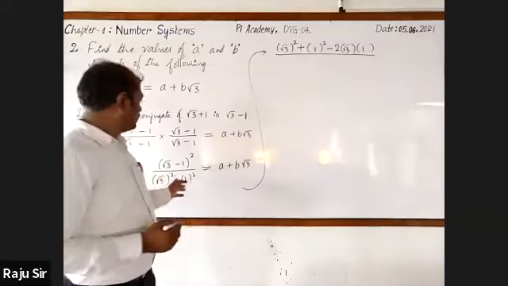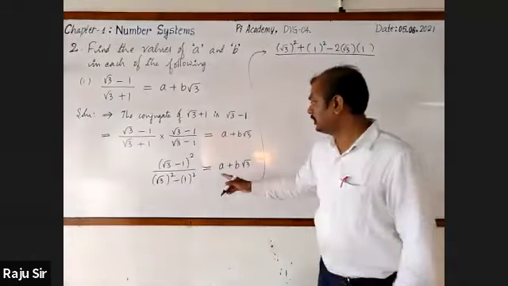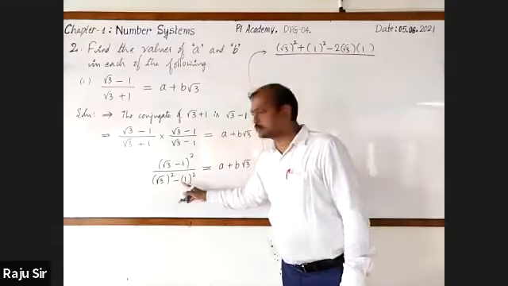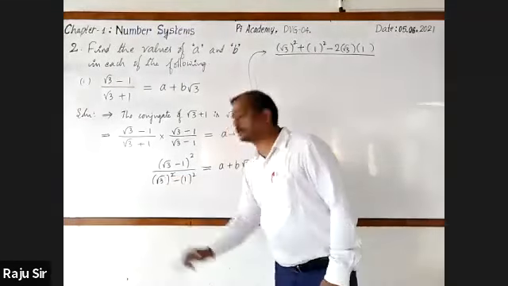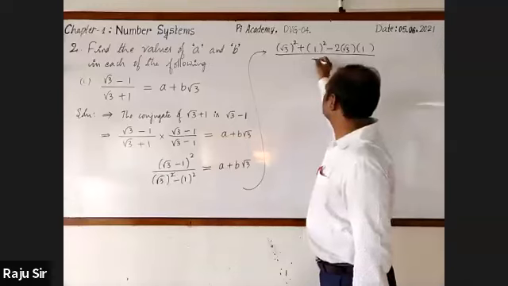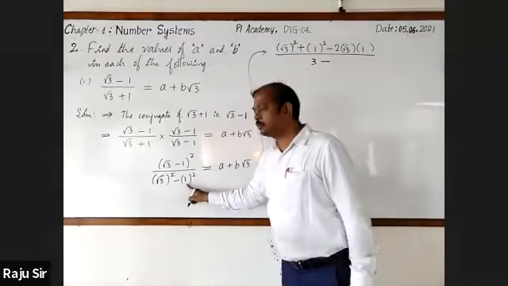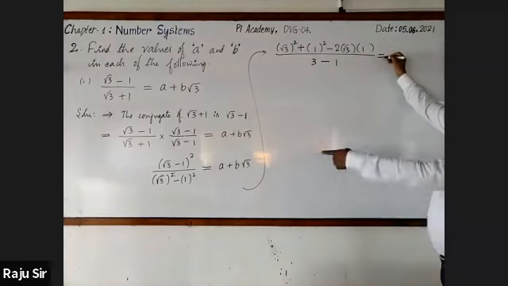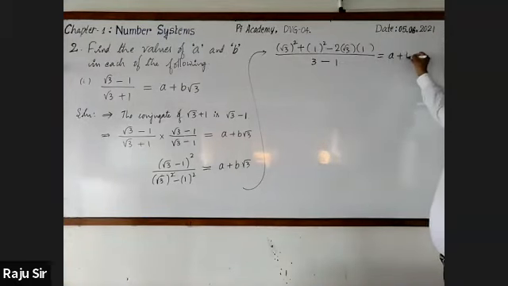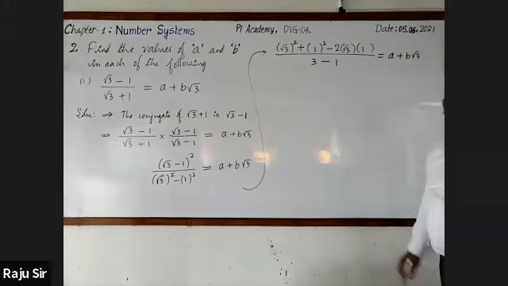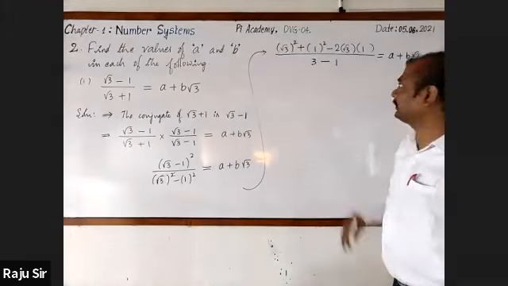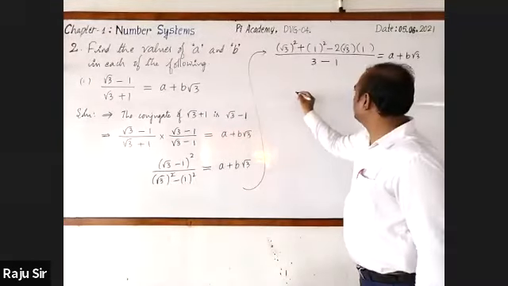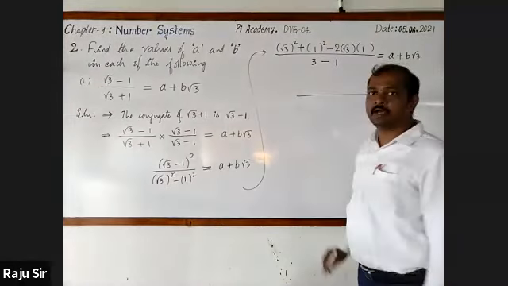Next, denominator: (root 3) whole square minus 1 whole square. The square and root get cancelled. This is 3 minus 1 whole square, which is 1 only. This is equal to the RHS, a plus b into root 3. Now, again continue to simplify the LHS part.